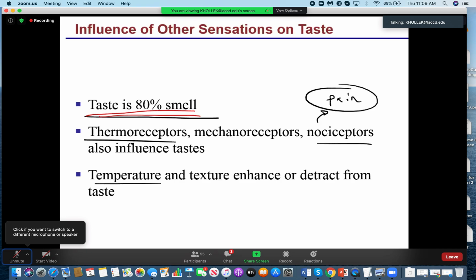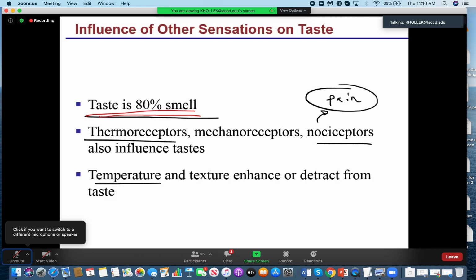But a lot of things influence our taste, including thermoreceptors, which relate to the ability of substances to get dissolved. It plays an important role. If you have your ice cream completely melted, it will taste very sweet because there is a lot of sugar now dissolved. Mechanoreceptors are how you feel with your touch receptors on the surface of your tongue.